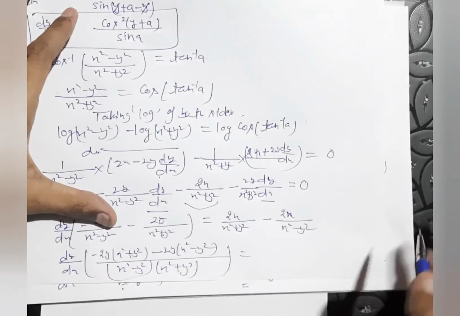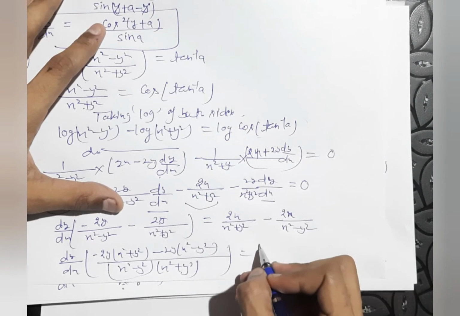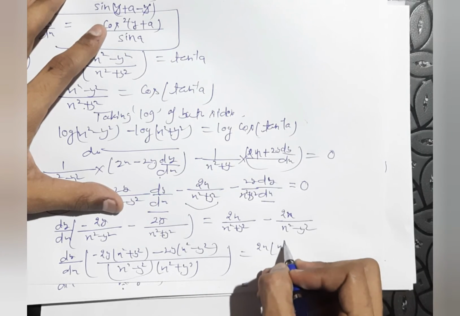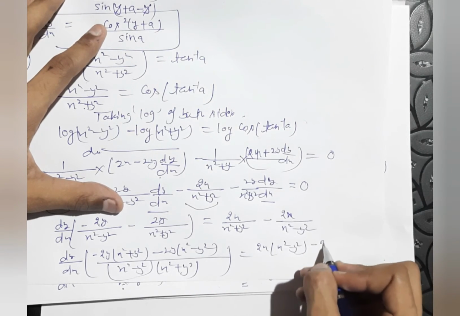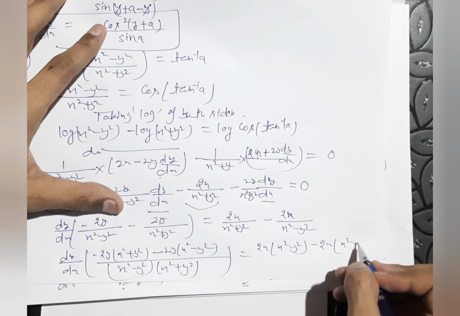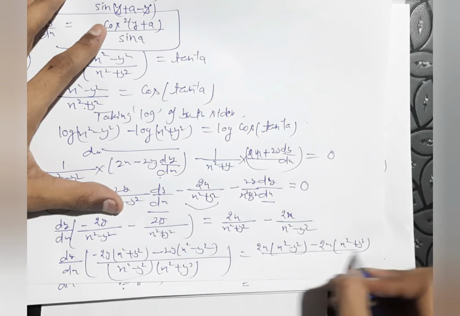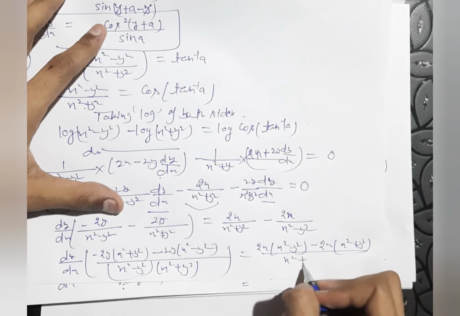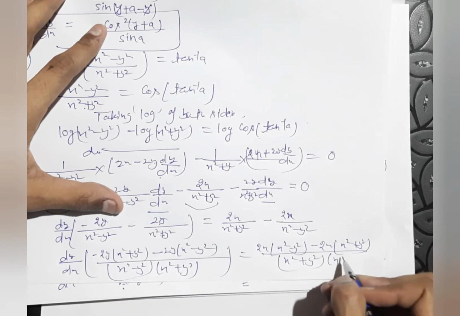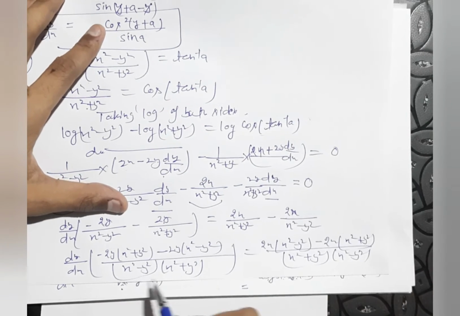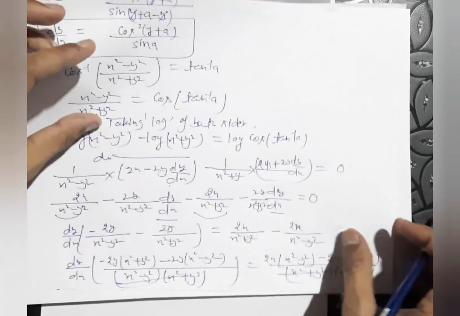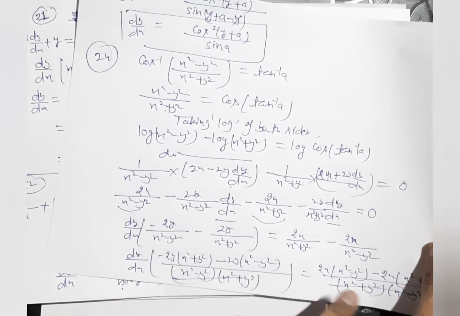Here I am taking 2x as common. That will be 2x times (x square minus y square) minus 2x times (x square plus y square), divided by (x square plus y square) and (x square minus y square). This LCM is the same, so it can be cancelled, and the remaining terms are this and that.